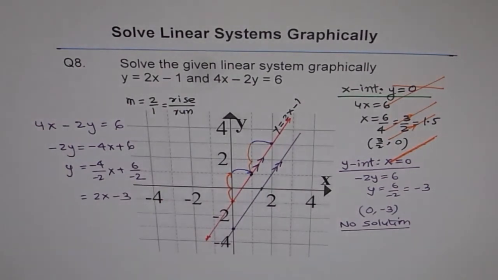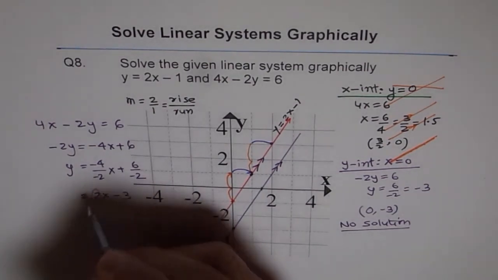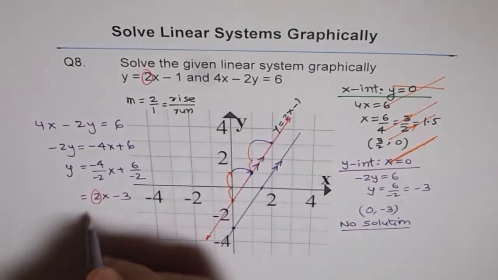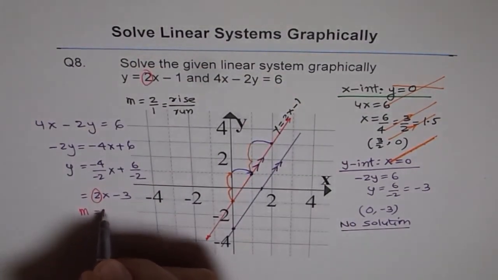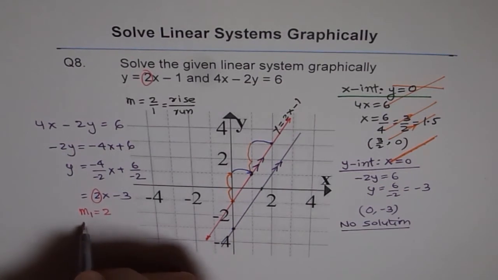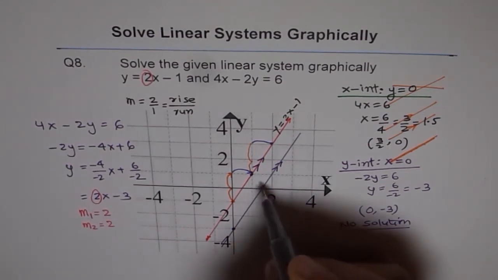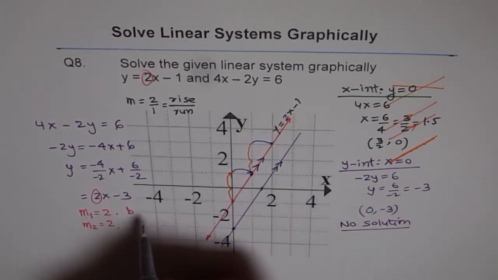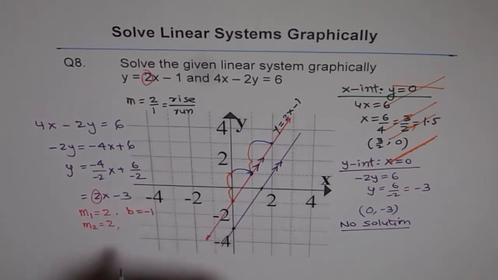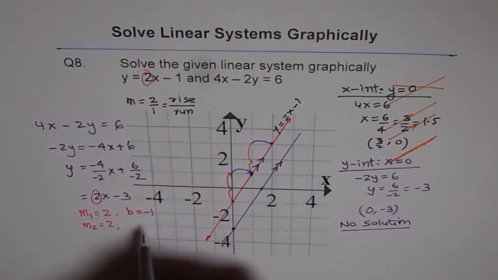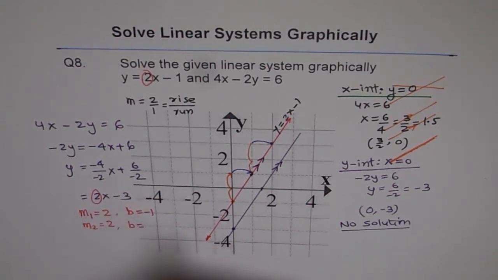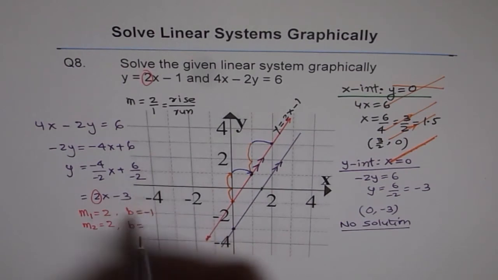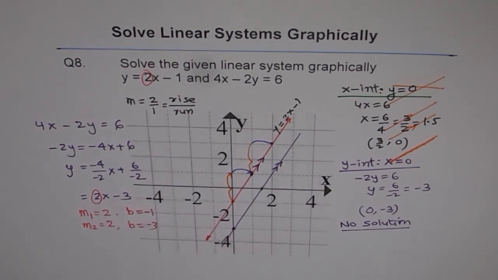So what is common between the two? The slope. Both lines have slope equal to 2, right? Line 1 and line 2. Since the slopes are the same, they are parallel, right? Another important thing is that their b, the y-intercepts, are different. The y-intercept is minus 1 for the first equation and minus 3 for the second.